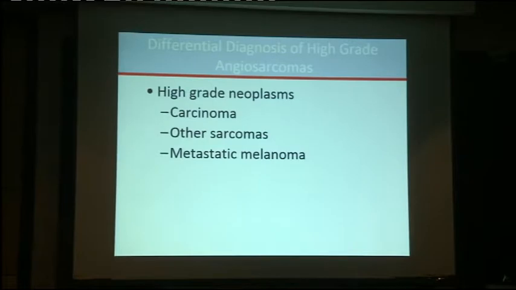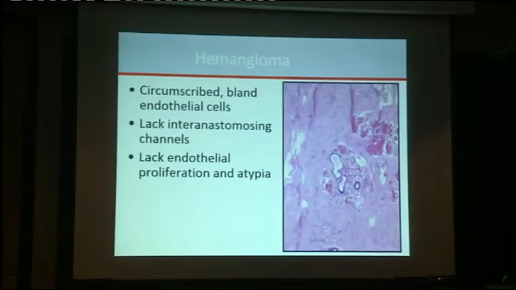At the other end of the spectrum, the high-grade lesions, carcinomas, as I indicated, are an important thing to exclude, as are other sarcomas, and one other lesion that is always in our differential diagnosis is metastatic melanoma. As we all know, melanomas can mimic any lesion, so when we are doing our panel of immunohistochemistry markers in a high-grade lesion without a definitive differentiation, we always include melanoma markers.